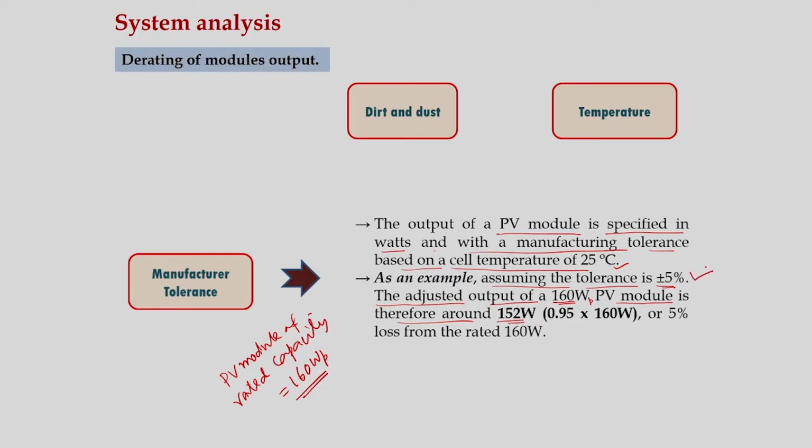If 5% is the manufacturer tolerance, then what will happen? It will be 0.95 into 160 watt. That means a 5% loss from the rated 160 watt, right. If we multiply 0.95 into 160 watt, it will be 152 watt if we consider 5% manufacturer tolerance, right.